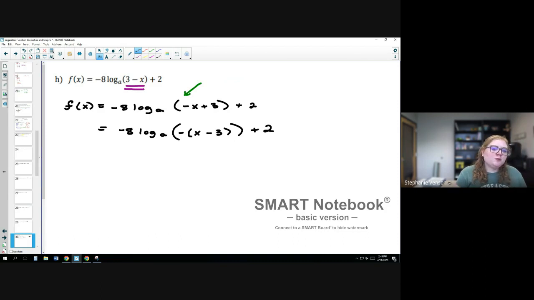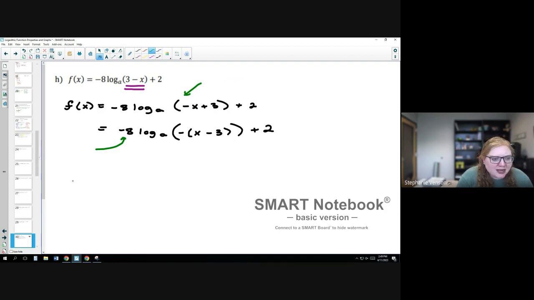So now that we've put the inside of those parentheses in the correct order, and we've factored out that negative that was already distributed, we can accurately see our transformations. So let's take them piece by piece. Okay, this negative right here, that indicates an x-axis reflection.